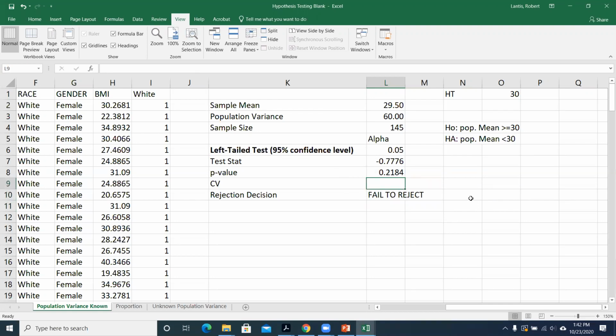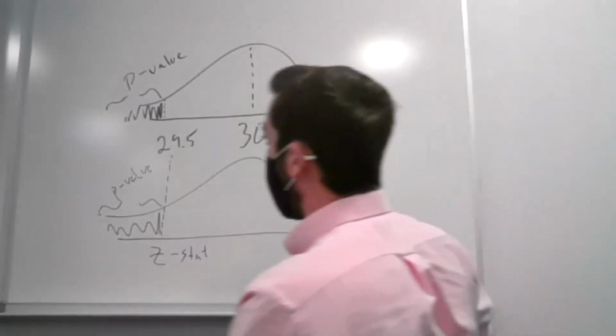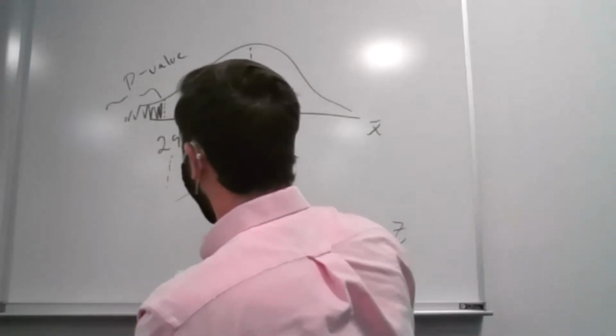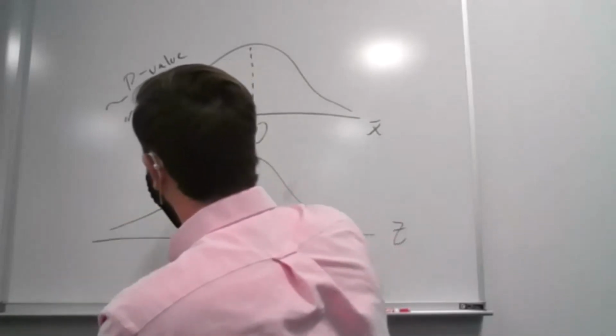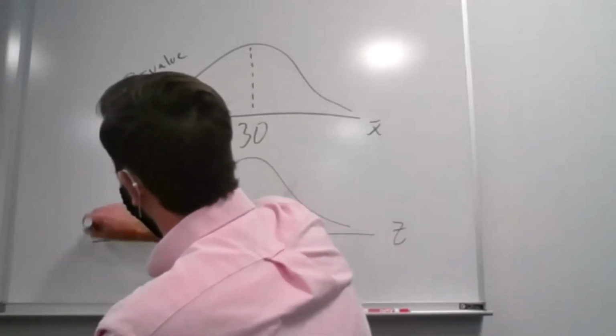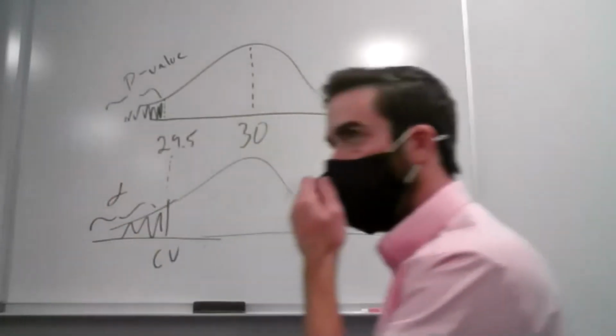And I could have also found my critical value for that 95% confidence level. When alpha is 0.05, for a left-tailed test, we're looking at the standard normal distribution, and we want to know what critical value gives me alpha in the tail.